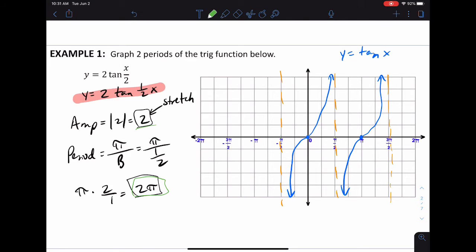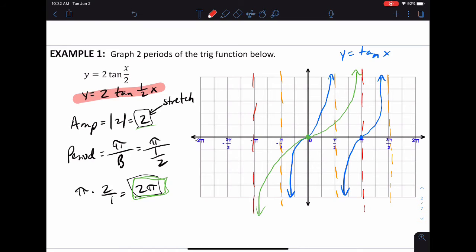So I'll use green for this one. The new graph is going to get wider and it's going to have a period of 2 pi. So that means it's going to extend to pi over here and negative pi over here. The asymptotes are going to be here.